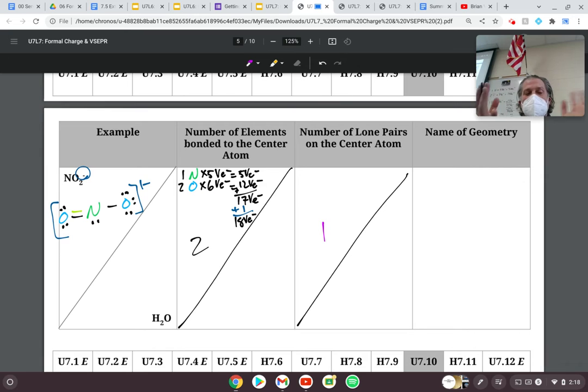Well, you really couldn't, because in order for nitrogen to be satisfied, it needs 8, and it's participating in 2 bonds and 3 bonds, which is 6, plus those 2, so that gives it 8. On the right-hand side, if you make a double bond over there, the nitrogen ends up with a double bond, but then the oxygen ends up with 10. So it doesn't work out.